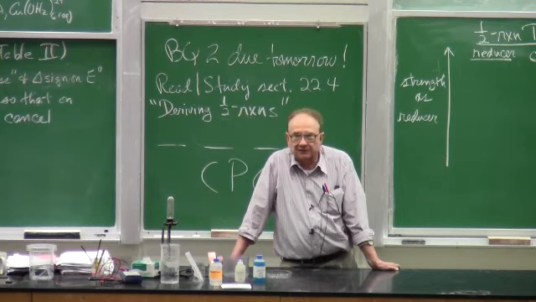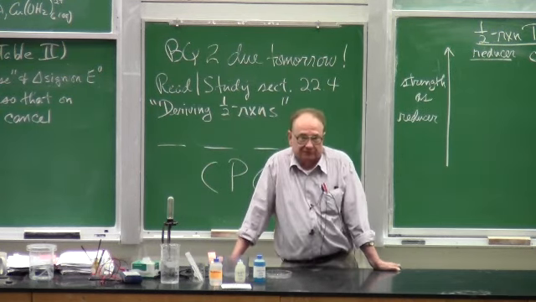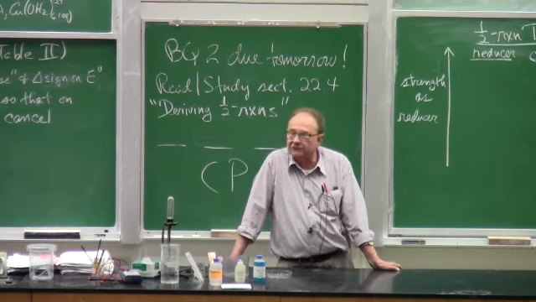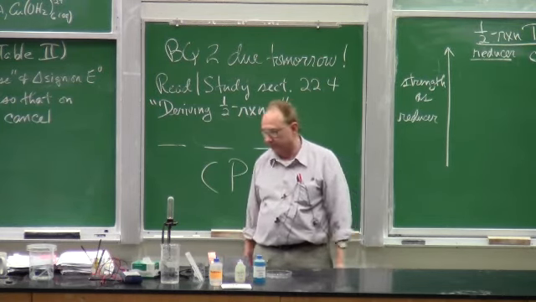It corresponds to the oxidation of elemental hydrogen to hydronium ion under standard state conditions. 1 molar for solute concentrations. So, if hydronium ion is present under standard state conditions, it's 1 molar, which means the pH is 0.00. Okay? And all the other E0 values you see in this table are measured relative to that assigned reference point value of 0 for the oxidation of hydrogen to hydronium ion at pH 0. All right?